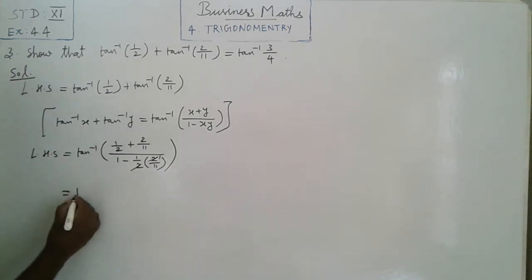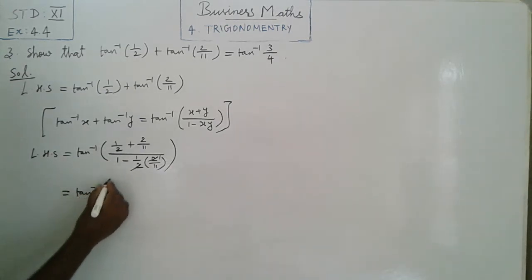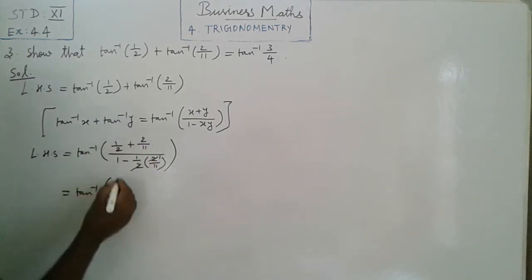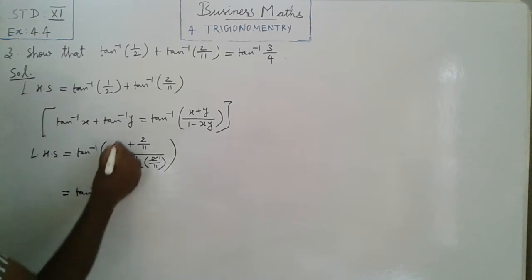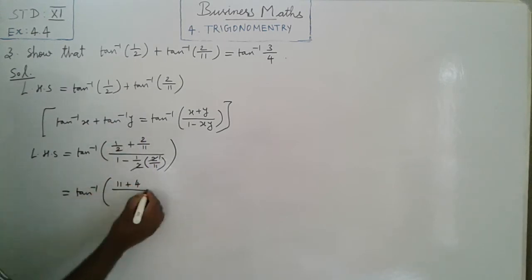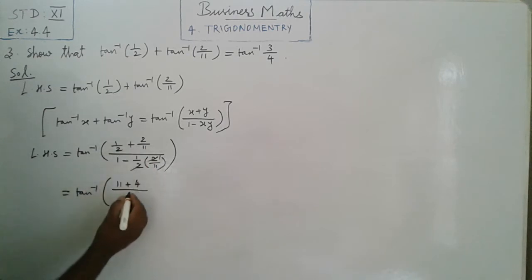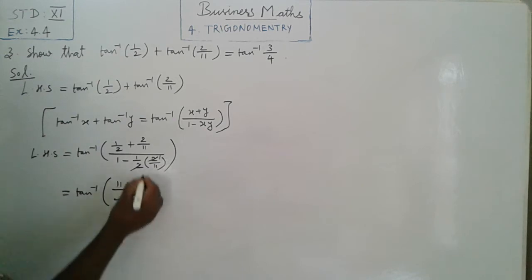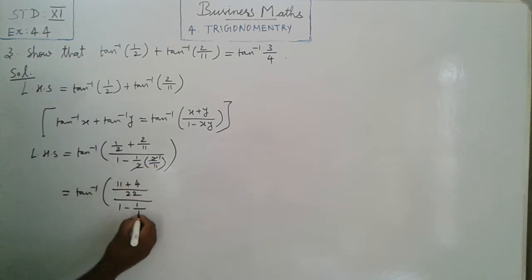That is equal to tan inverse, let's take the LCM, cross multiply here, 1 into 11 is 11 plus 2 2s are 4, divided by 2 into 11 is 22, divided by 1 minus 1 into 1 is 1 divided by 11.